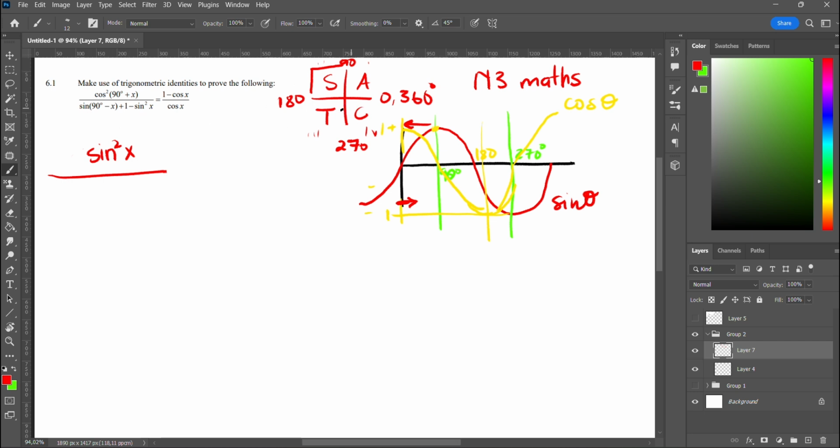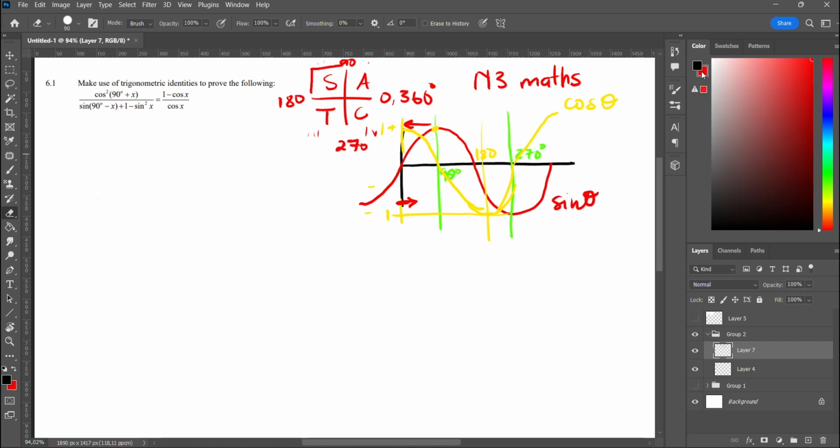And to figure out whether it's positive or negative, we have in our CAST diagram, and it's gonna be positive, yay. So it's gonna be positive cos x, right? So let me just write this properly using a proper color.